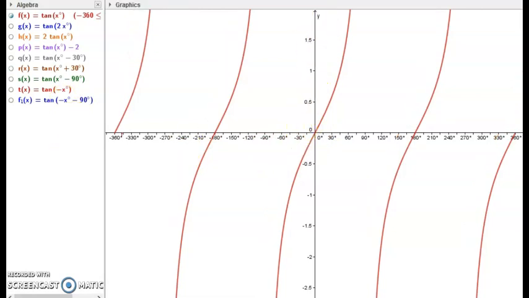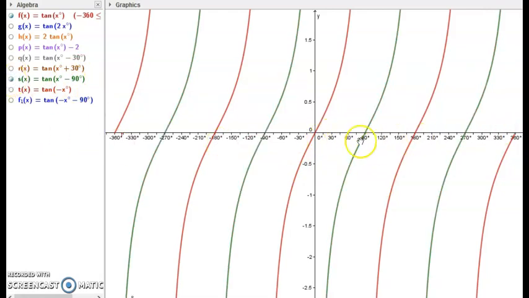For our next shift, we look at tan of x minus 90, which means it shifts 90 degrees to the right. So our graph, where my asymptote was at 90, my asymptote now is at 180 degrees and at 360 degrees.